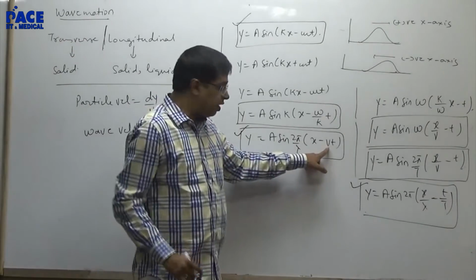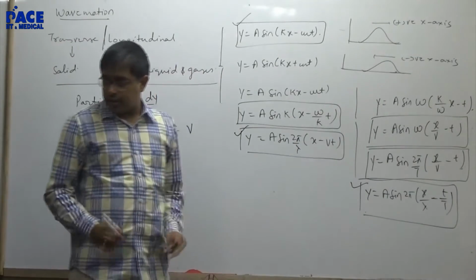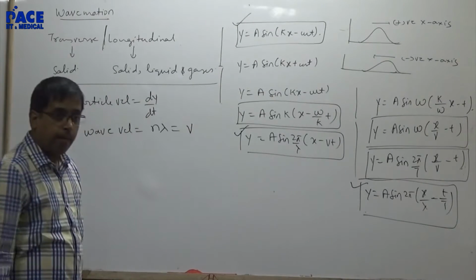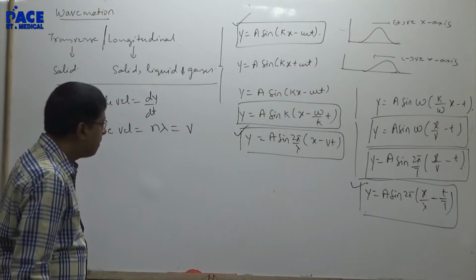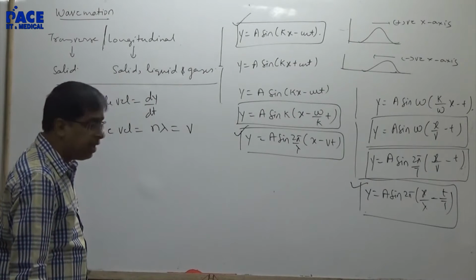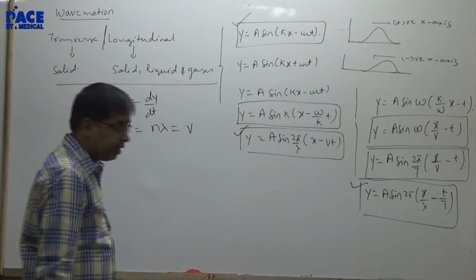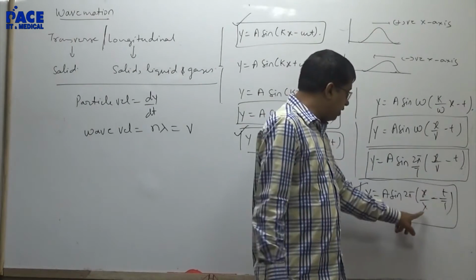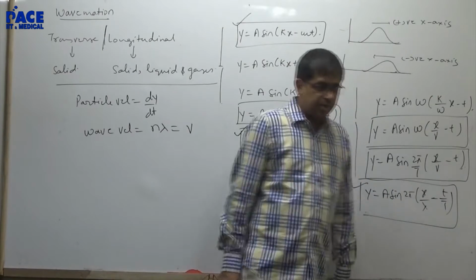This v will be the wave velocity, right? Particle velocity will be dy by dt. Capital T is the time period. I took this capital T inside. Capital T into v is lambda.